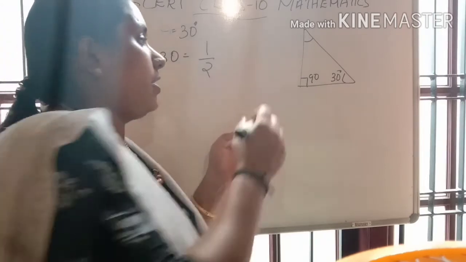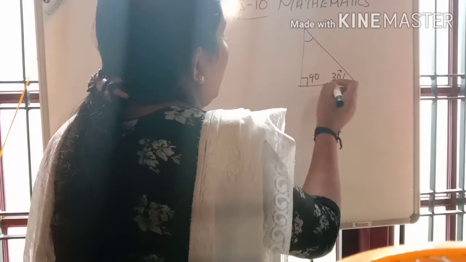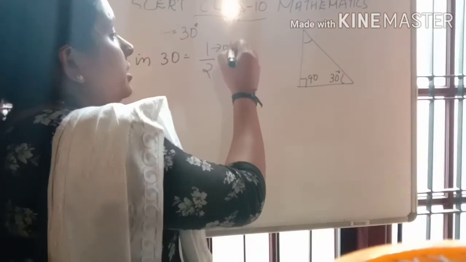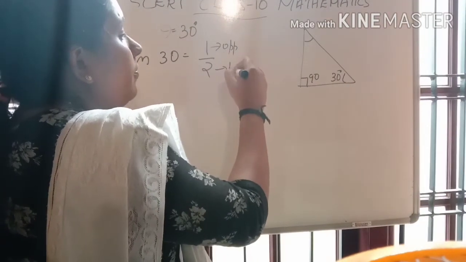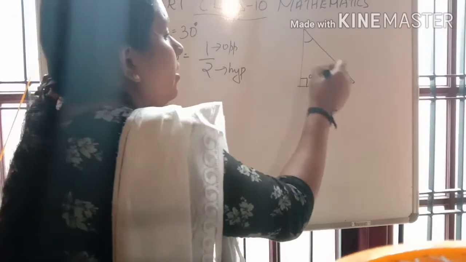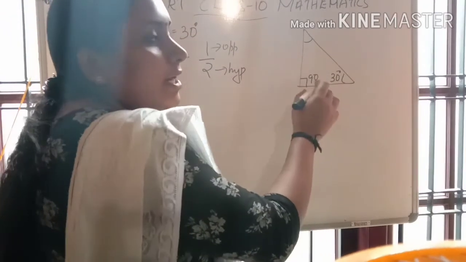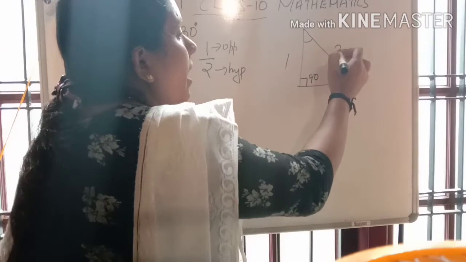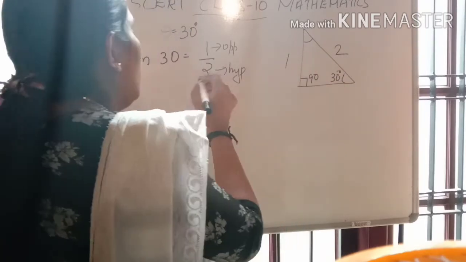Here, sin 30 is opposite side by hypotenuse. The opposite side of this 30 degree angle is 1 and the hypotenuse is 2. So sin 30 is 1 by 2.